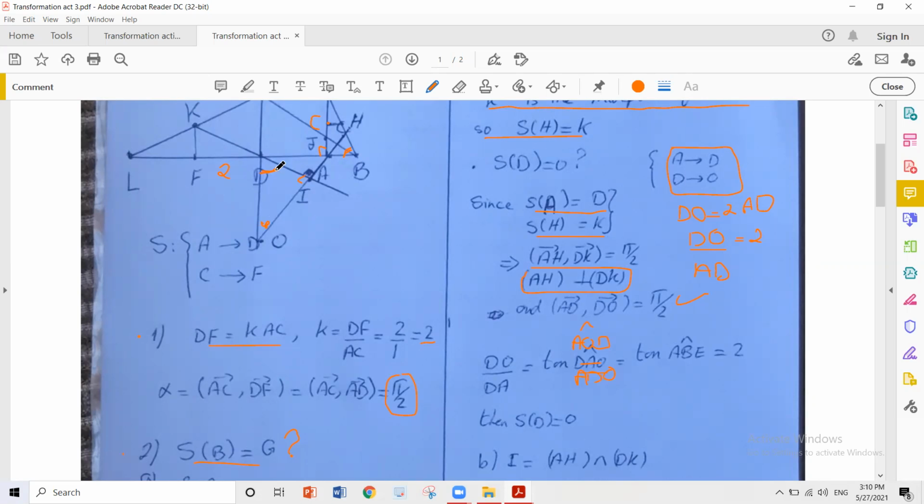What does the tangent equal? Opposite over adjacent. This angle, what is the opposite?